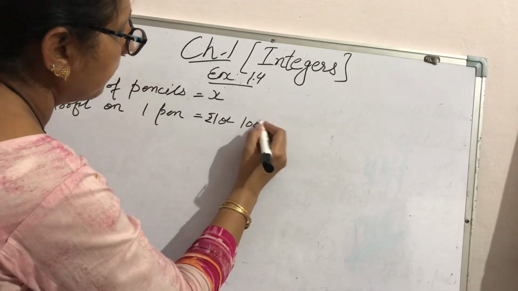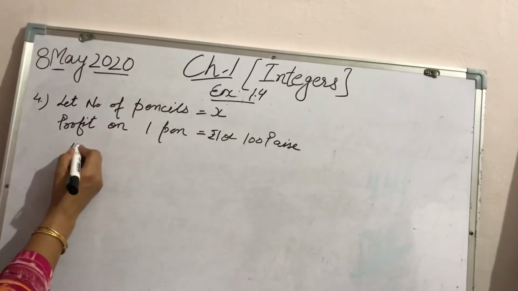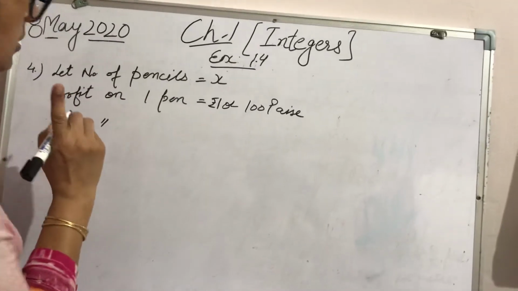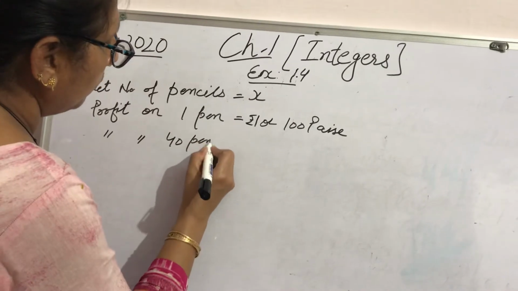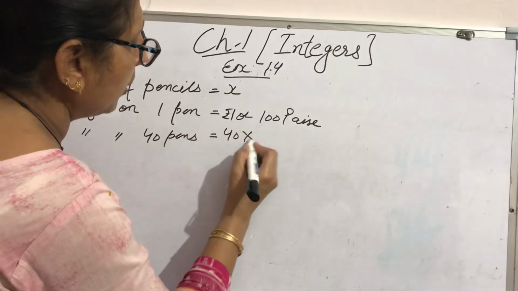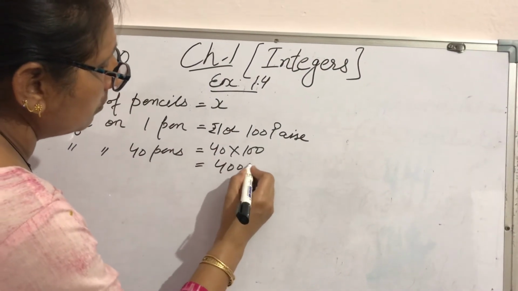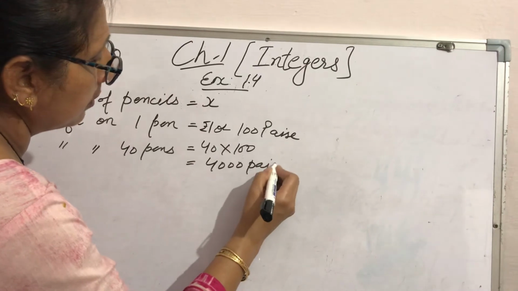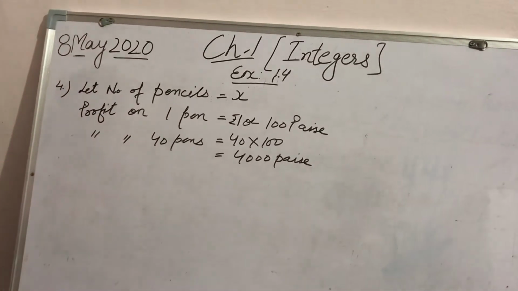So ₹1 is 100 pies. He has sold 40 pens in a particular month, so the profit on 40 pens will be 40 into 100, 4,000 pies. It means the total profit is 4,000 pies.